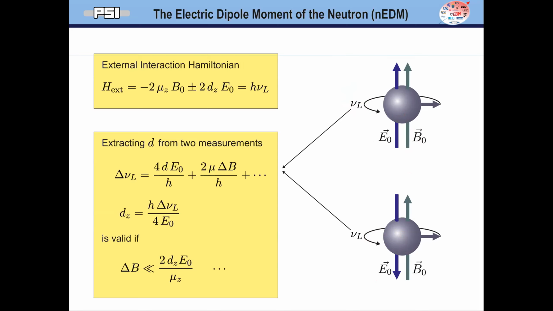And so in order to get a hint why we have matter in the universe, we want to measure the difference of these two precession frequencies. And in order to do that, we need to make a really, really, really stable magnetic field. Best magnetic field stability in the world.